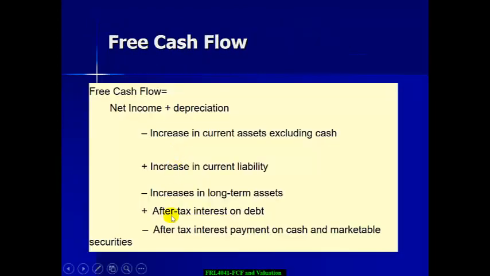Then we will add one more: the amount of cash flow that goes to the lenders, if you borrow money from the bank or corporate bond investors. So we will use the after-tax interest payment to capture the cash flow going to lenders. The reason is that interest payment is tax deductible.